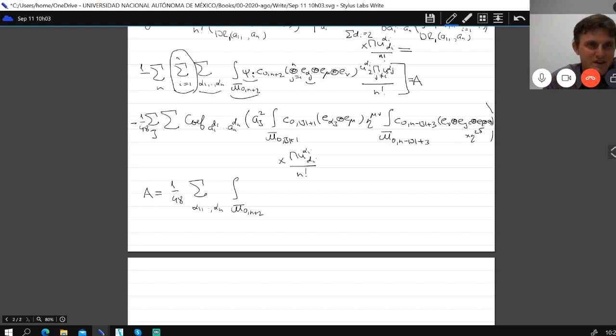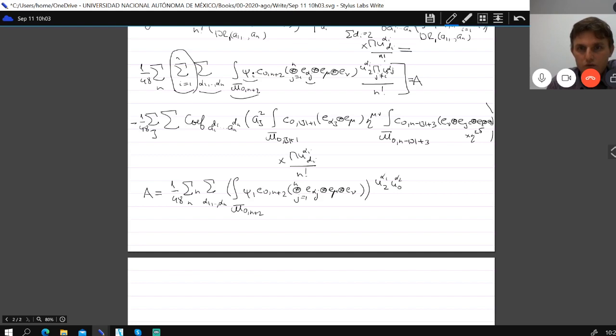Strictly speaking, we have a summation over all n, then n times the summation over alpha_1, ..., alpha_n, and then the integral of psi_1, psi_0, and plus 2, with u_{alpha_1}, u_{alpha_2}, ..., u_{alpha_n} over n factorial. Do you agree?